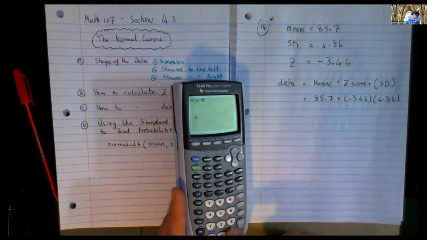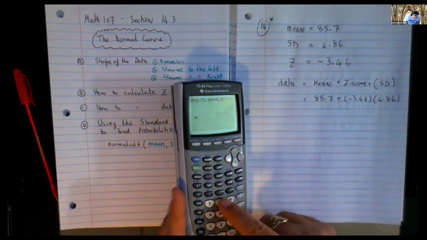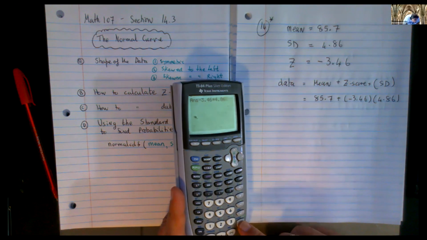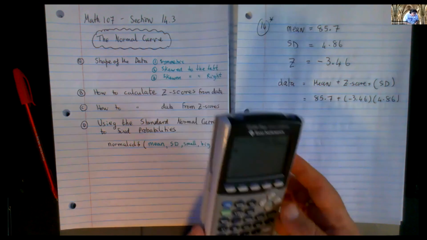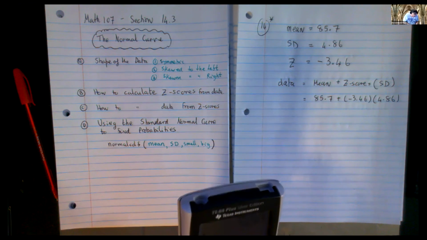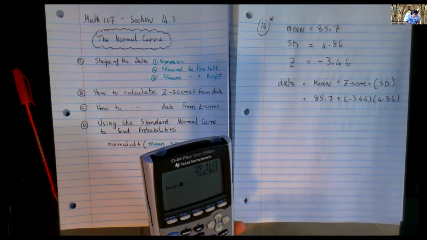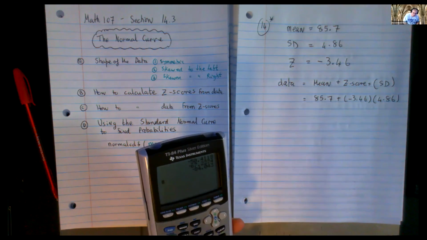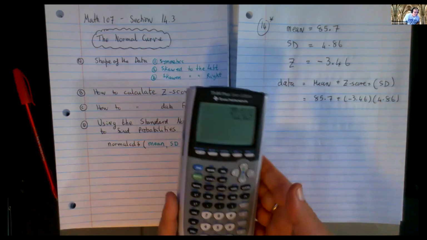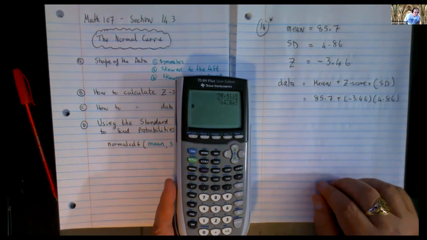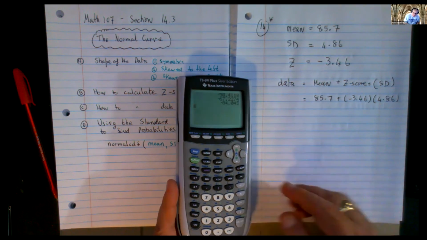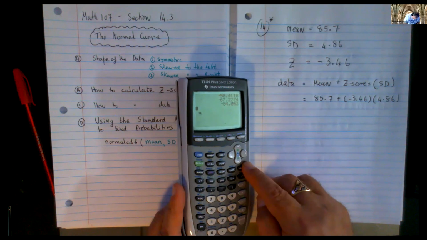Negative 3.46 times 4.86. Oh, of course, the calculator won't let me make my mistake. It's deliberately fixing it for me, and it's not fixing it in a nice way.